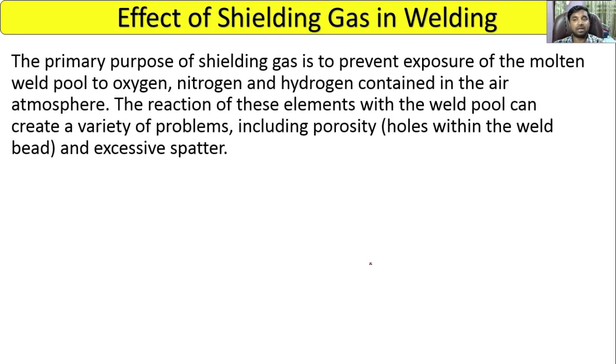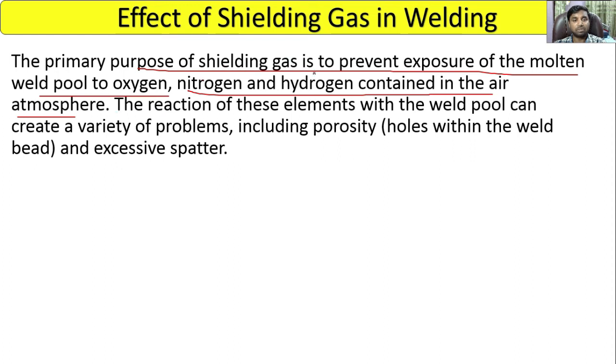Effect of shielding gas in welding. What is the effect of shielding gas in welding? The primary purpose of shielding gas is to prevent exposure of the molten weld pool to oxygen, nitrogen and hydrogen contaminants in the atmosphere. If there is no shielding gas, the nitrogen, hydrogen and oxygen in the atmosphere contaminate the weld pool.